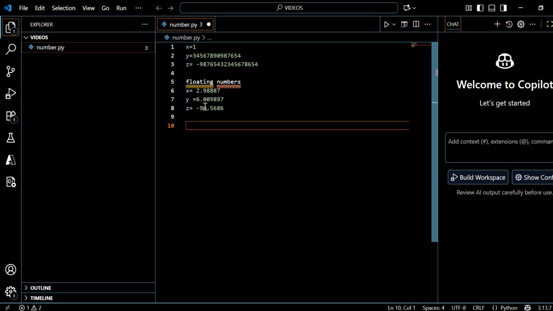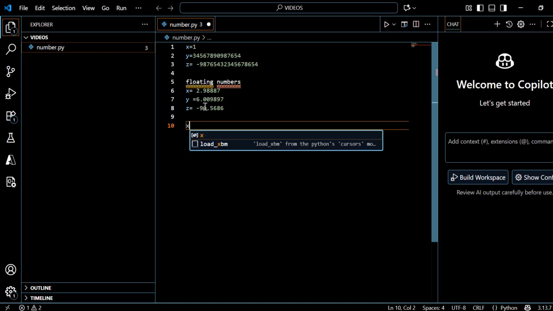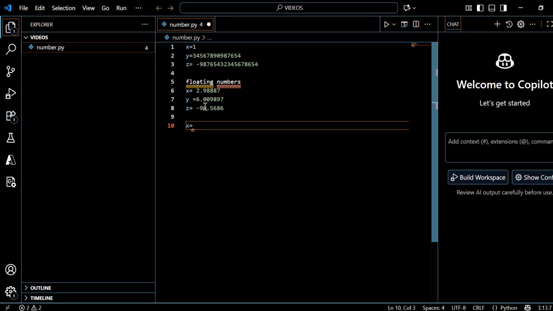Then lastly, to further on this, a float can also be a scientific number with an e to indicate the power of 10. For example, we can write x equals 89e, where e in this case symbolizes the power of 3.